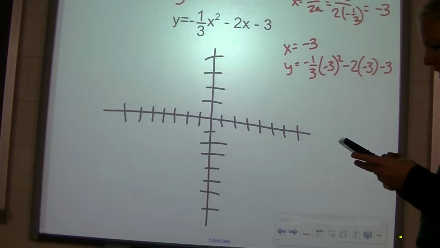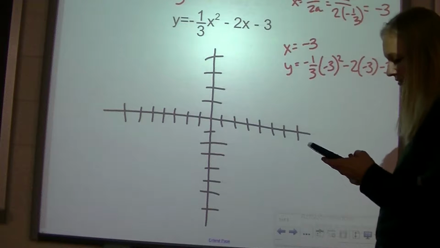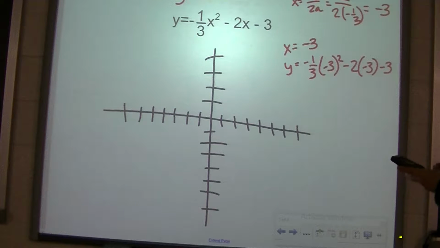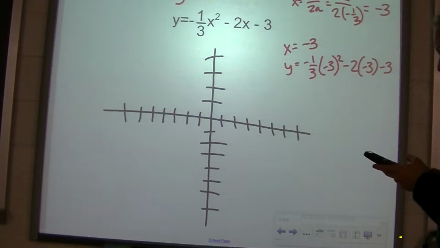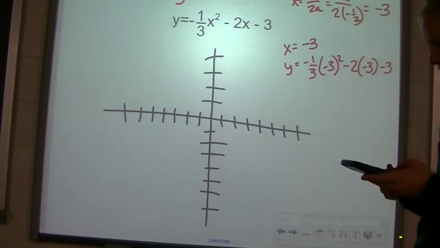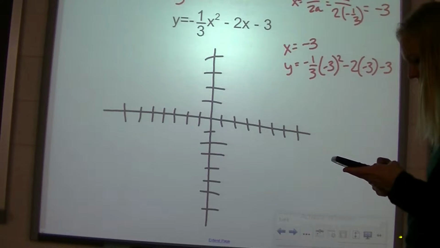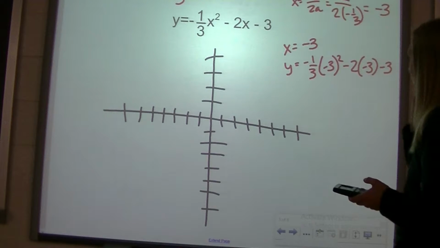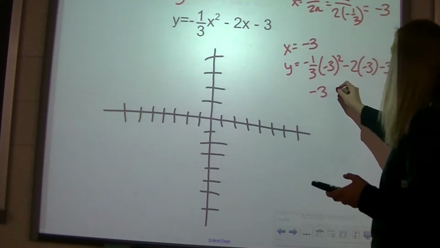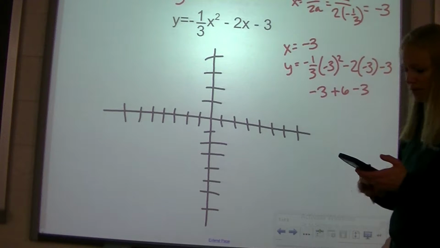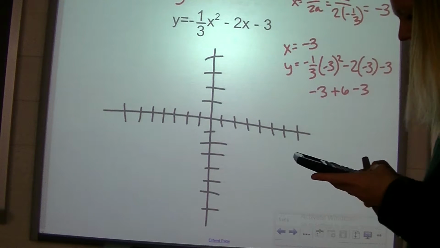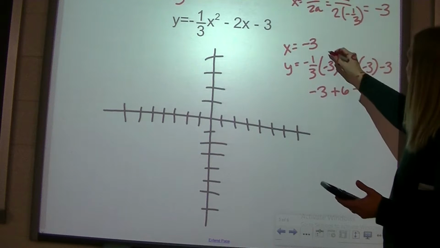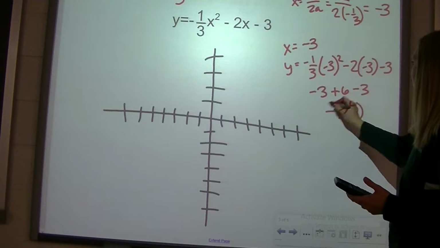So we'll have -3 squared, which is 9, times -1/3, which is -3. Had to check myself. And then we'll have -3 plus 6 minus 3. So -3 plus 6 minus 3 is 0. So our vertex is -3, 0.